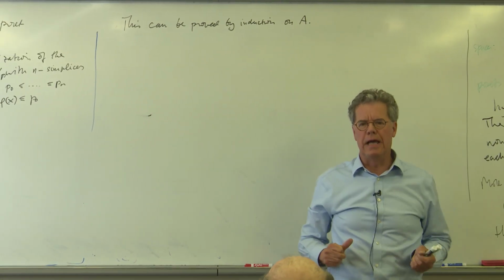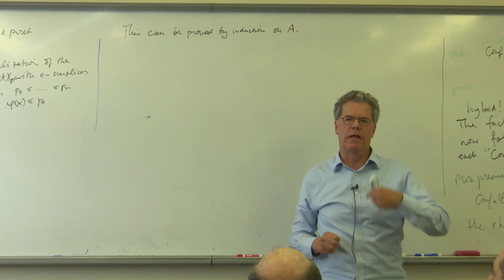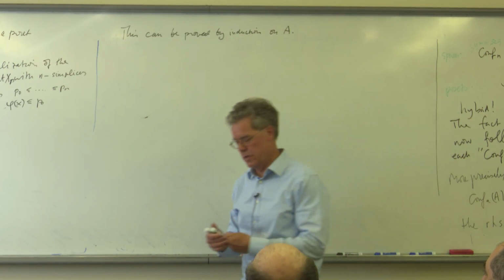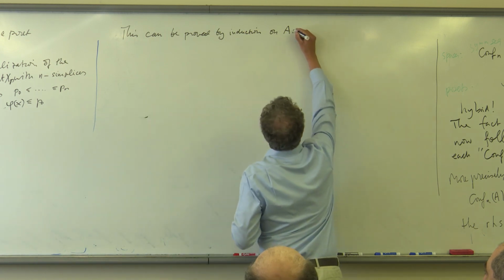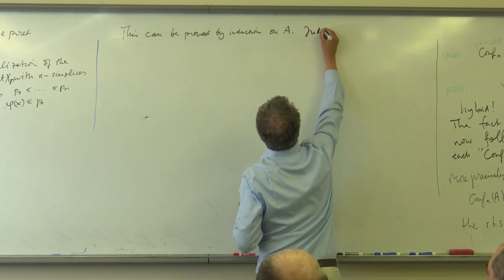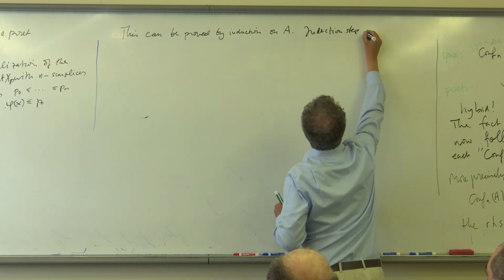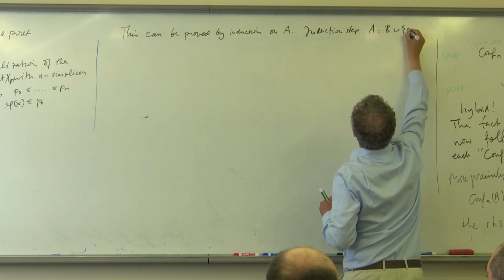If it's true for B, to keep the notation of my notes, and I add one element to B, then it will follow if I know it for B. Okay? So the induction step is where A is B union a new element a.